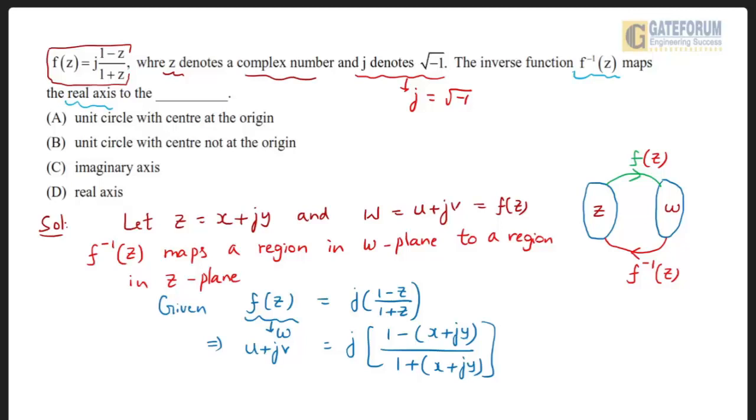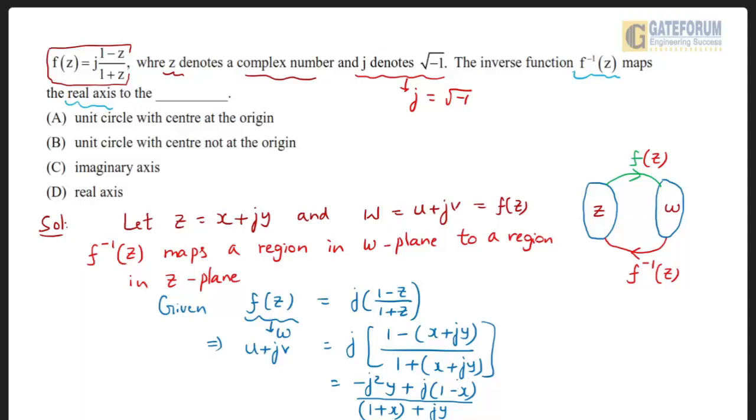So this I can write. Finally, multiply the j with the numerator terms, you will be getting minus j square y plus j times (1 minus x), whole divided by 1 plus x, which is the real part in the denominator, y is the imaginary part in the denominator.